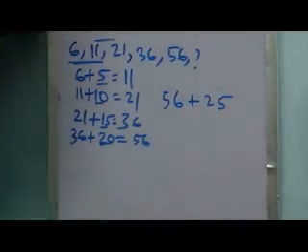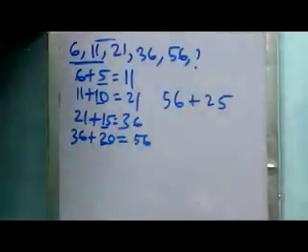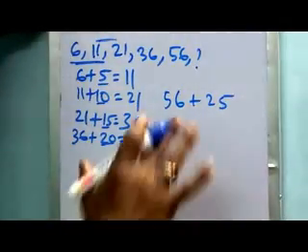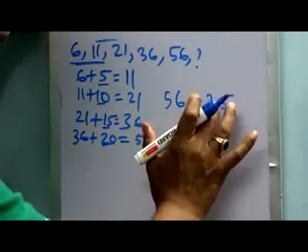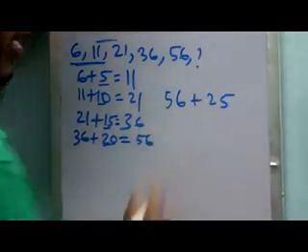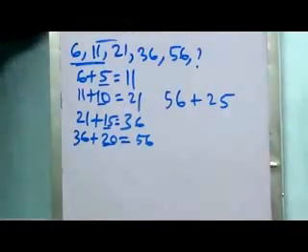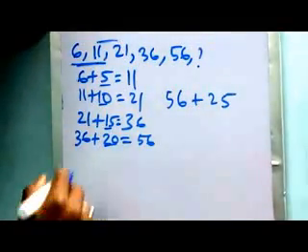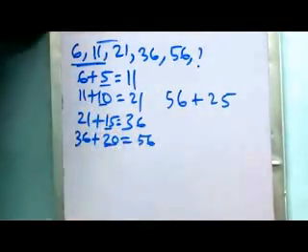Why I am going to take 25 instead of 30 or 23? Because if we take 30 or any other number, irrespective of the logic, this pattern will be distorted.